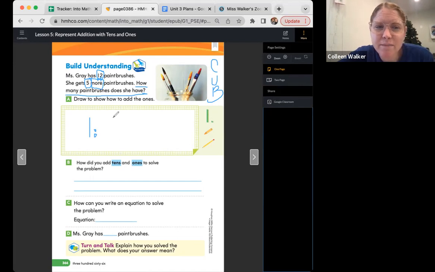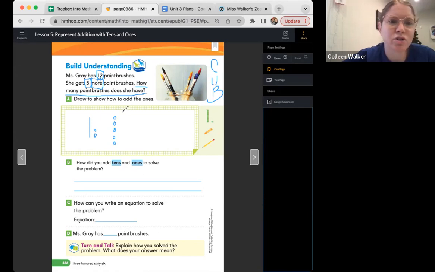So friends, if she's getting more paintbrushes, are we going to be adding or subtracting? If you said adding, that's correct. Let's go ahead and draw 5 more paintbrushes. Good job. 1, 2, 3, 4, and 5. Awesome. All right. Now, my friends, we need to figure out how many we have all together.